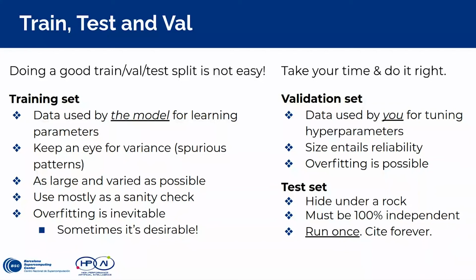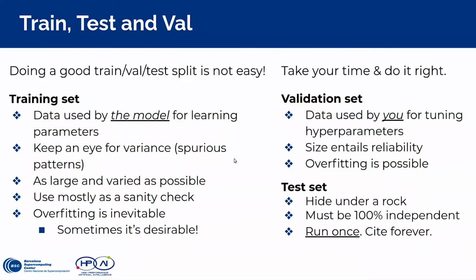And if you cannot trust your results, you're not doing science. I don't know what you're doing, but it's not science. So essentially, we have the training set, which is the data that the model will be able to see and learn from. So this is the data that the model will use to define how it modifies itself.